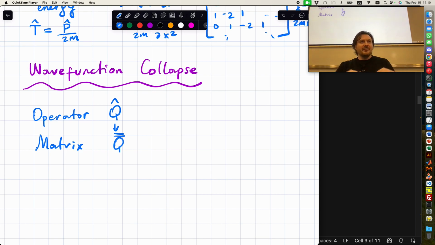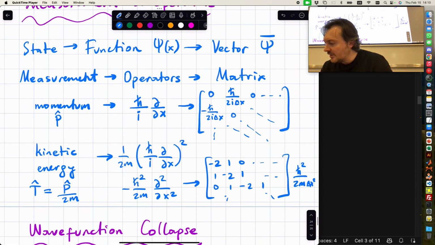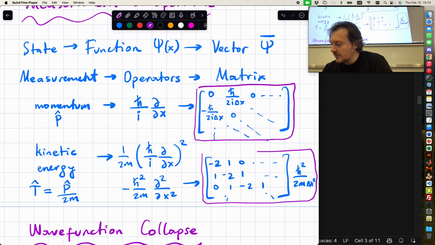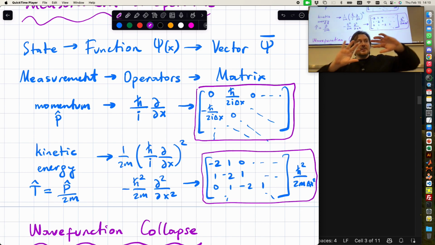You can measure position, right? Then the corresponding operator should be Hermitian. You can measure momentum, right? The corresponding operator should be Hermitian. Is it? Let's check. Yes, it is, because if you take the transpose and conjugate, it will be the same matrix. So it has that symmetry, right?